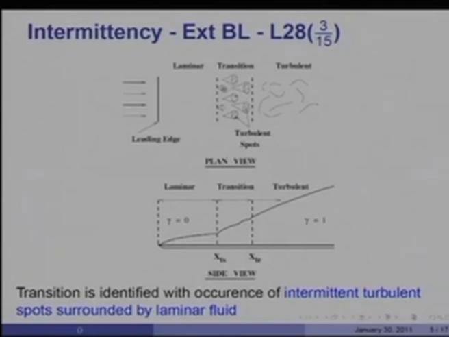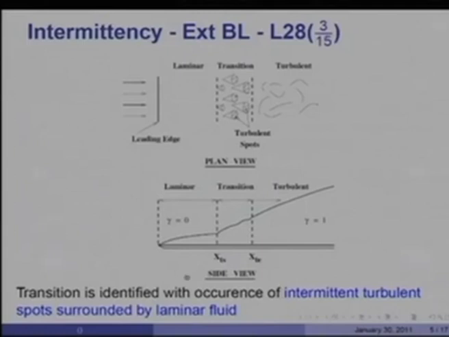But it is this energy transfer which gives rise to new spots of turbulence, and they would grow, but they are again surrounded by laminar fluid, and therefore they get killed. But the process of energy transfer creates more spots and so on and so forth, and ultimately they grow not only in number, but also in strength, and ultimately at the end of transition you will get a completely turbulent boundary layer or the turbulent fluid.